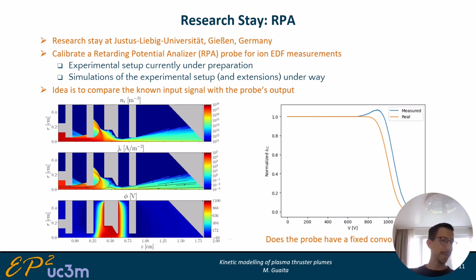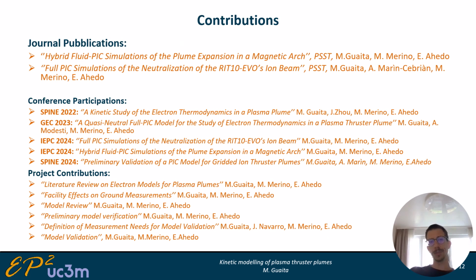The final idea would be to find a convolution function which allows me to pass from the measured values back to the ideal value, therefore removing most measurement errors from the probe measurements.